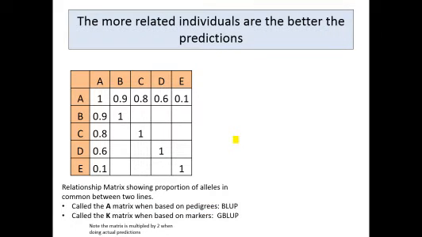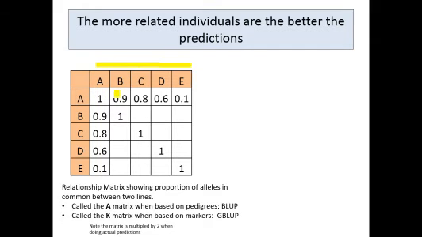So the more related individuals are, the better the predictions are. I'm showing this with an example, a relationship matrix between 5 individuals, designated A, B, C, D, and E. All we're showing here is the relationship amongst these individuals. The numbers simply show what proportion of the genes are in common between 2 individuals.